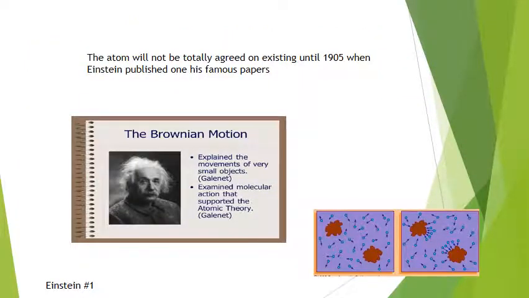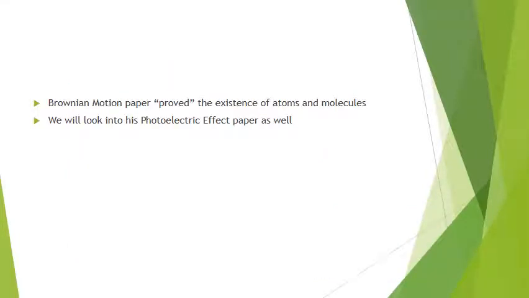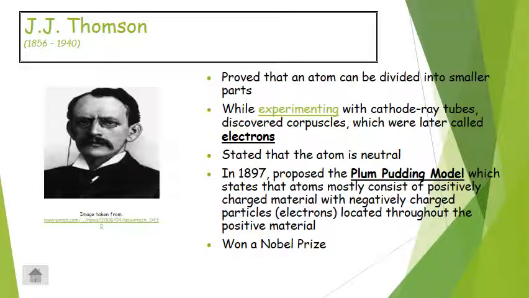Okay, so here's what Einstein says: Brownian motion basically proved that Dalton's idea was correct. We will look at the photoelectric effect as well, and the theory of relativity when we move on during our discussion here.